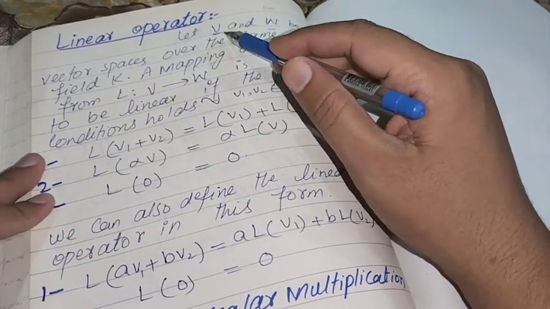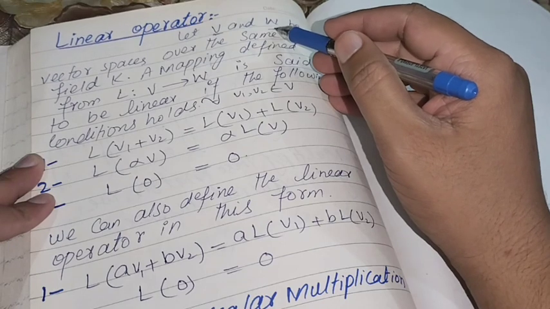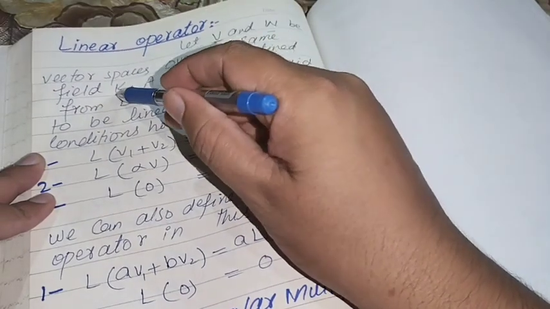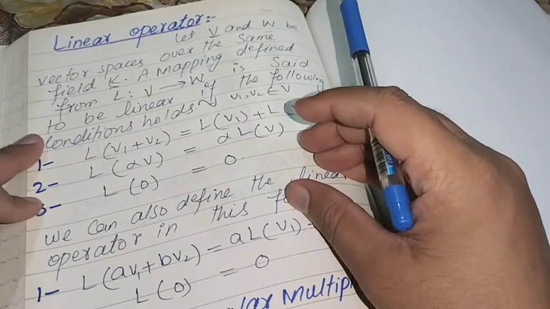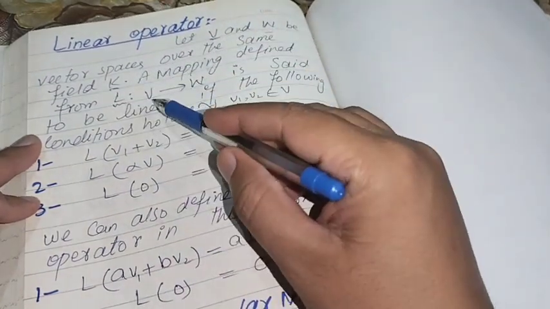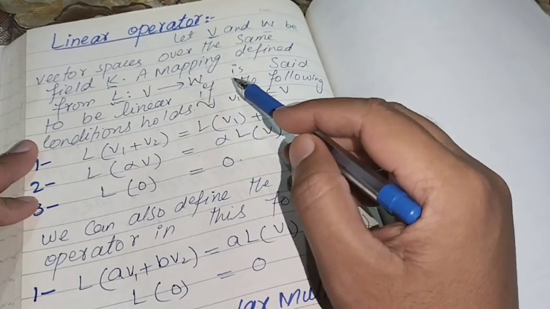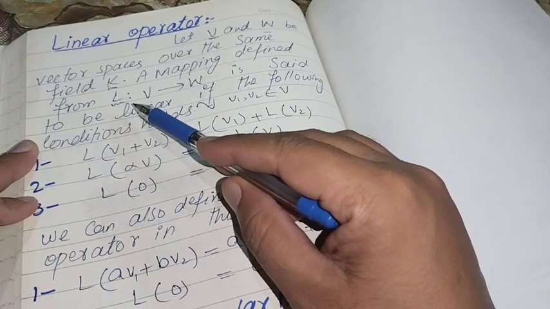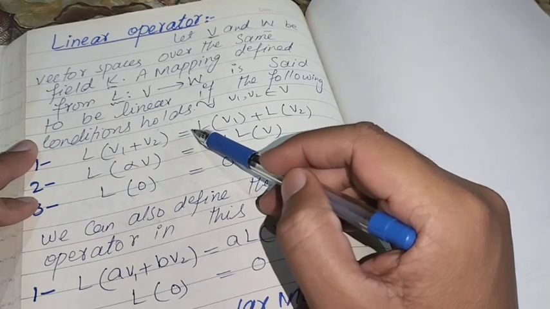The first vector space is denoted by V and the second vector space is denoted by W, and we will define these two vector spaces over the same scalar field K. Now we will define a mapping L from the vector space V to the vector space W, and we say that this mapping is linear if the following conditions hold.